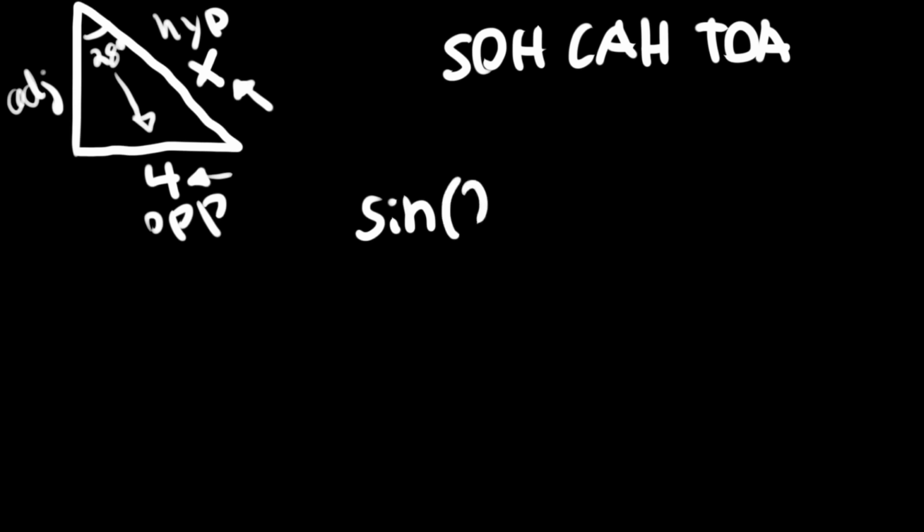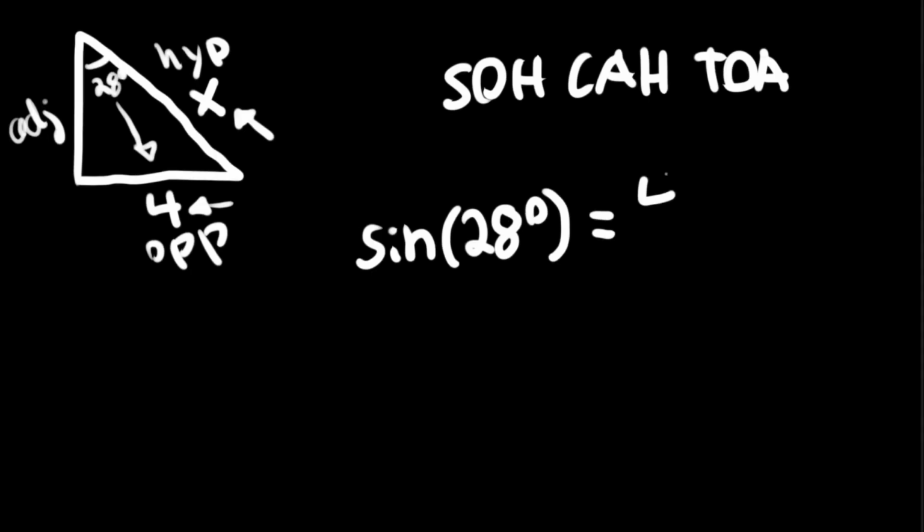So sine of 28 degrees equals opposite over hypotenuse. Opposite is 4, hypotenuse is x. But we don't want this x in the denominator, so we do 4 divided by sine of 28 degrees to get just x.